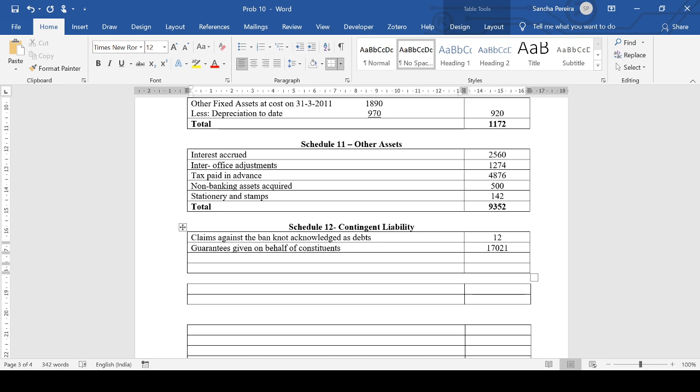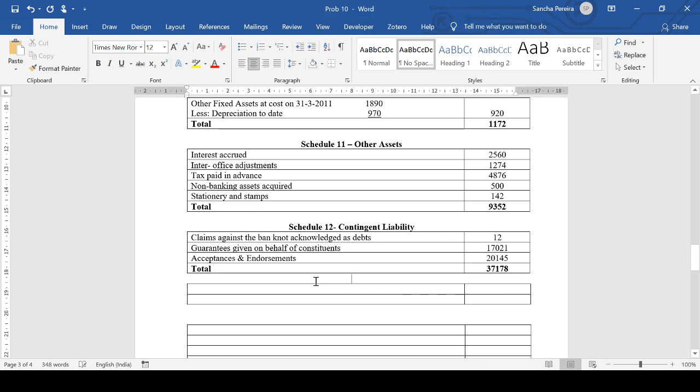The last one is acceptances and endorsements, which is 20145. So the total here comes to 37178.